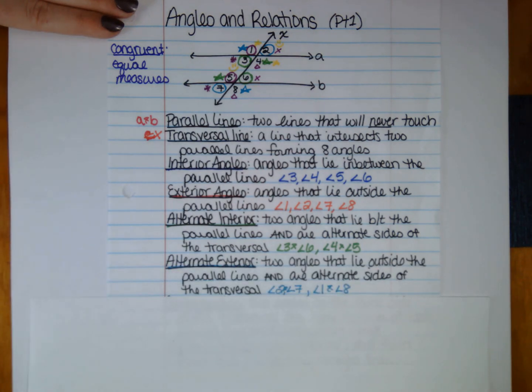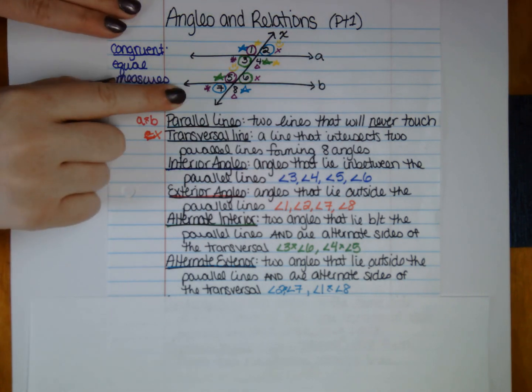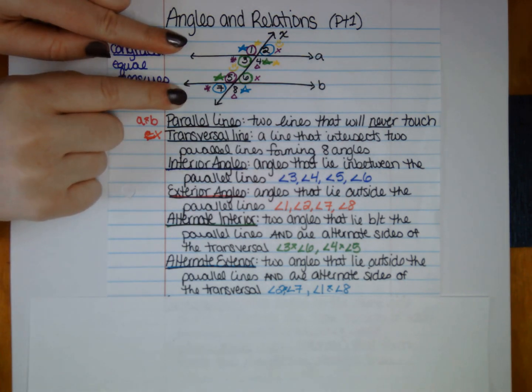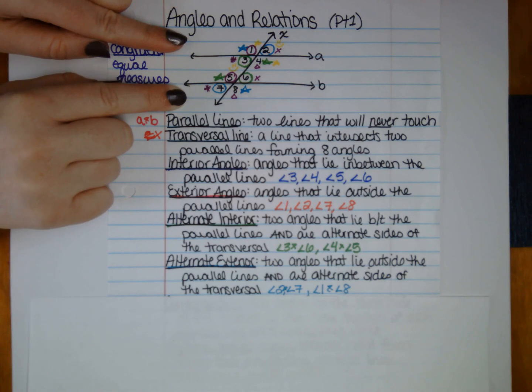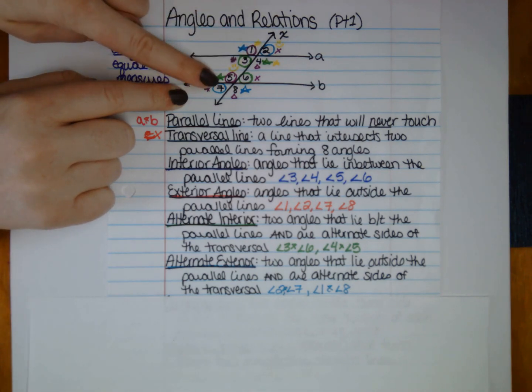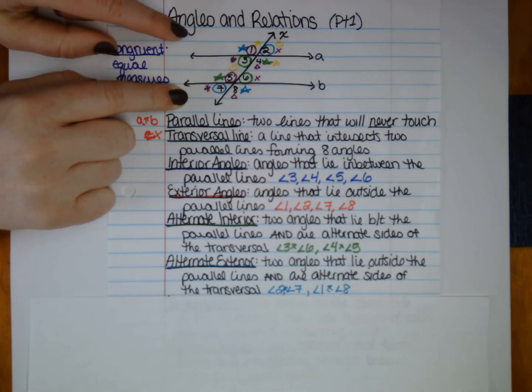Our next definition is alternate exterior angles. These are two angles that lie outside of the parallel lines and are on alternate sides of the transversal. So similar to alternate interior, only these are the ones that are outside, so above or below the two that we're talking about. That gives us 1, 2, 7, and 8.